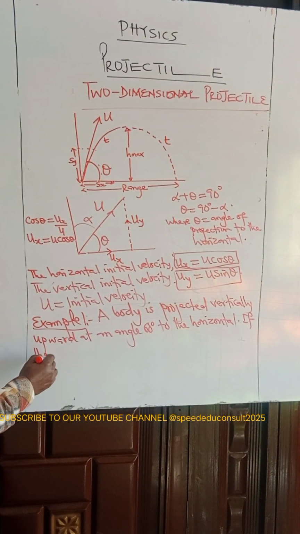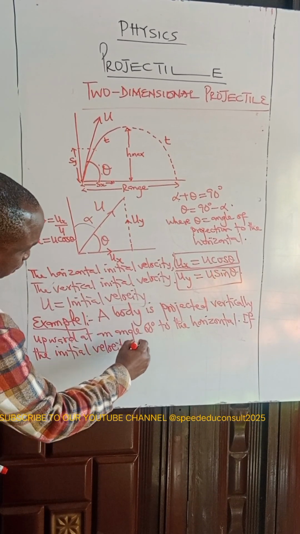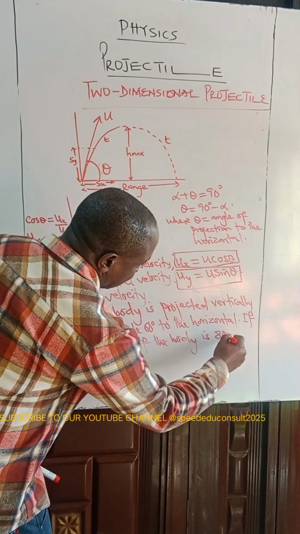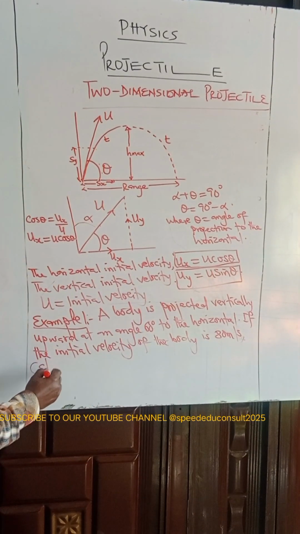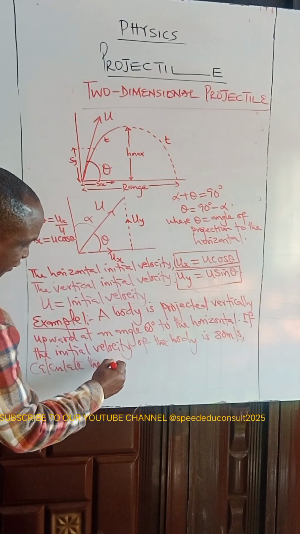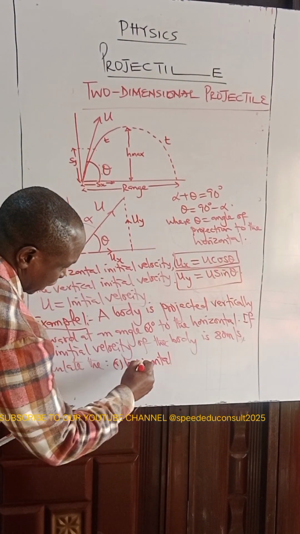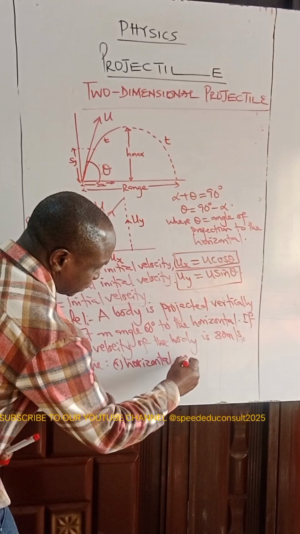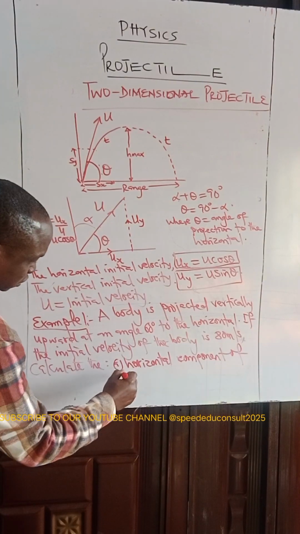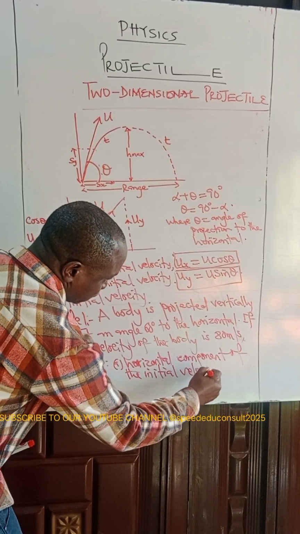If the initial velocity of the body is 80 meter per second, calculate the horizontal component of its initial velocity.